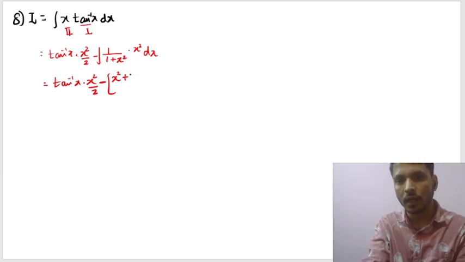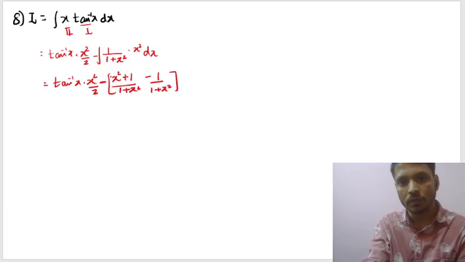So I am going to add plus 1 and subtract minus 1 and divide separately with this denominator, 1 plus x square. So you can see clearly here we have the integration sign common for both, into dx. Here also we can take the integration separately.